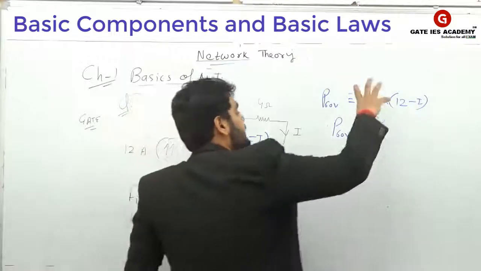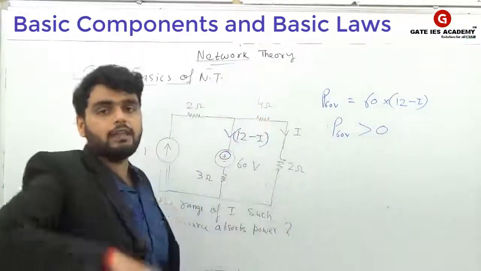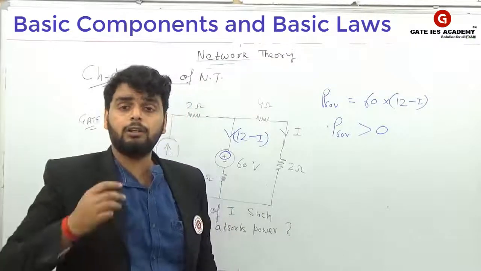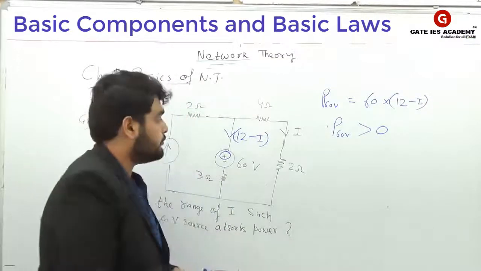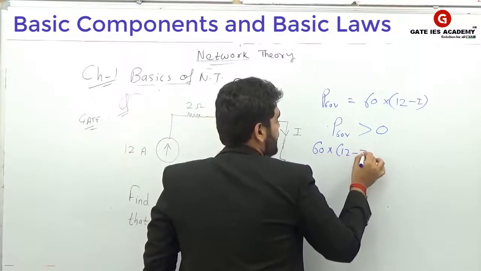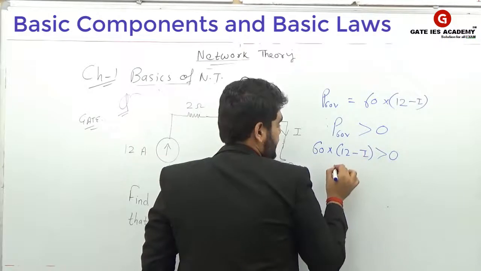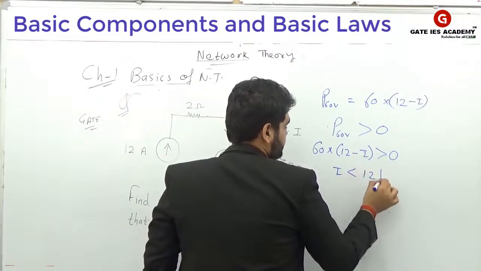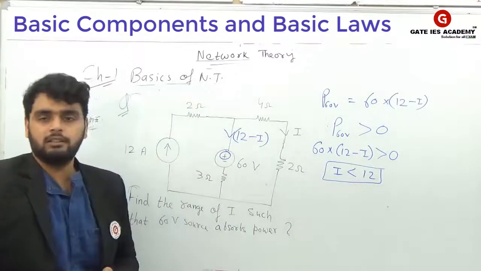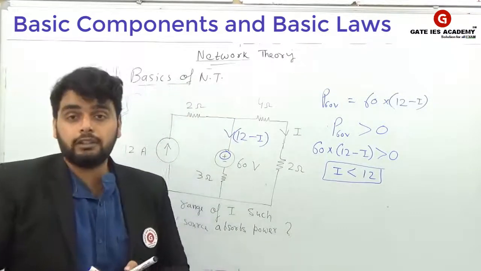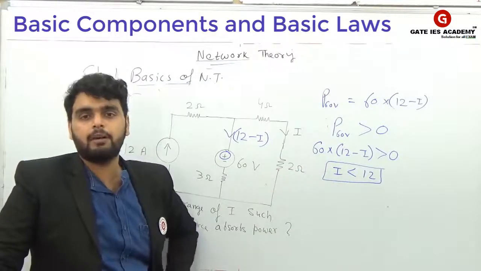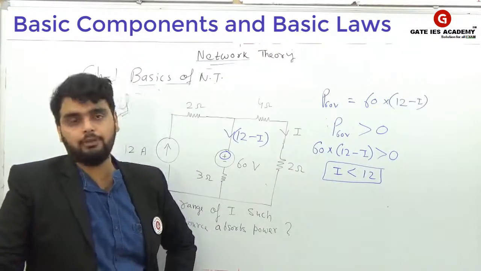So I want that this 60 volt source always absorbs power. So this mathematical quantity must be greater than 0. So 60 multiplied by 12 minus I must be greater than 0, or simply you can say I is less than 12. Simple. If you want the 60 volt source to always absorb power, the current I must be less than 12 ampere.